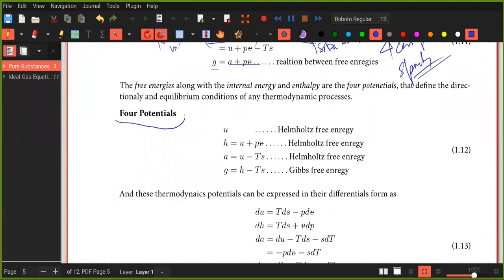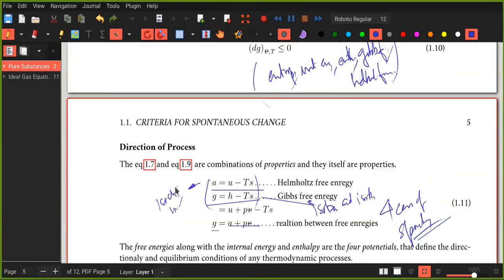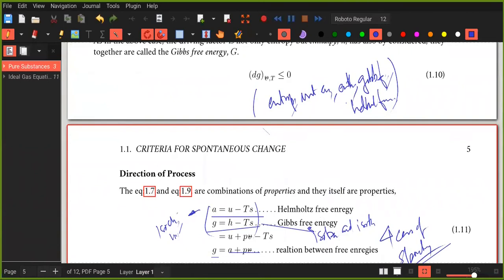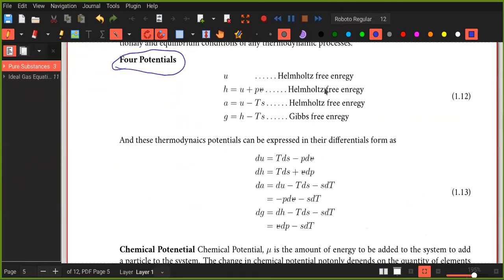As I've said, spontaneity or the directionality of the process in the general way is attributed to the entropy, the internal energy, enthalpy, Gibbs free energy, and the Helmholtz function. So these things, the internal energy, the enthalpy, the Helmholtz free energy, and the Gibbs free energy, these 4 things are called the 4 potentials.